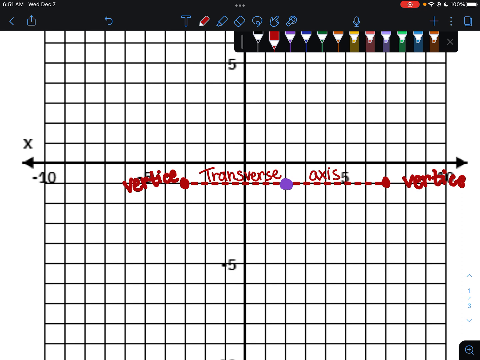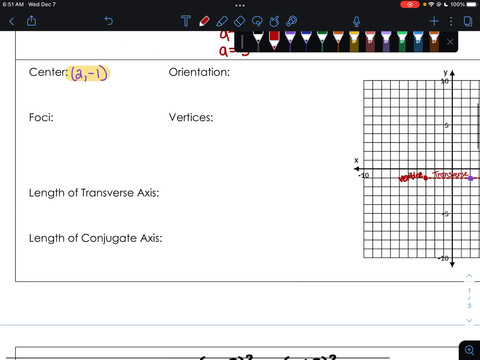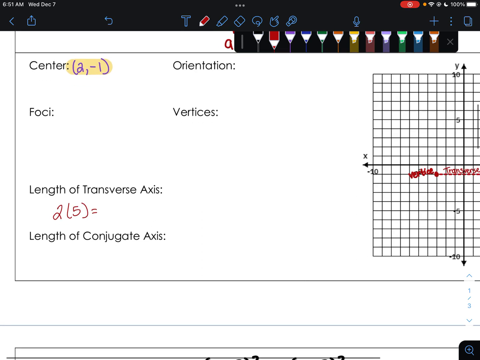So the length of that transverse axis is 5 plus 5, or 2 times 5, which is 10. So from vertex to vertex, it is 10. So I'm going to show you that it's 2 times that 5 that we just got as the a, which equals 10.